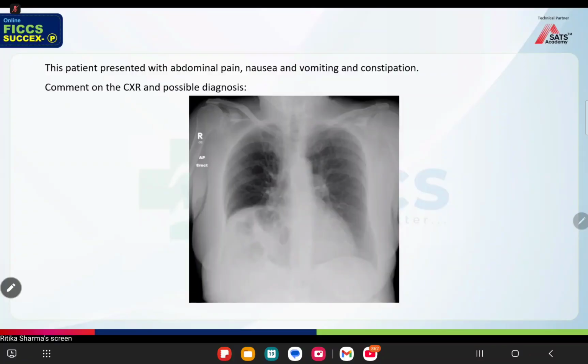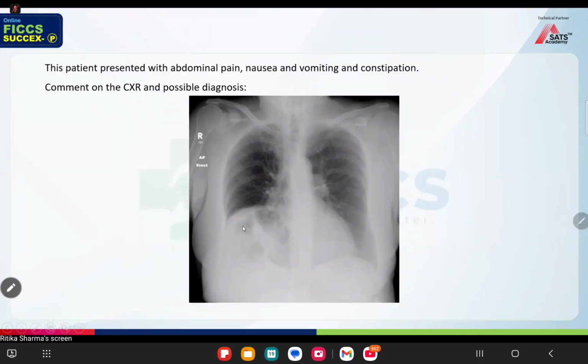Air bronchograms are visible. It looks like a consolidation on the right. So where exactly? This one, this one, ma'am, more towards the periphery. This one.